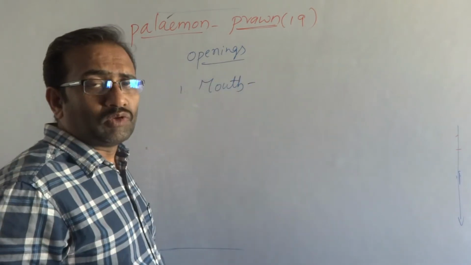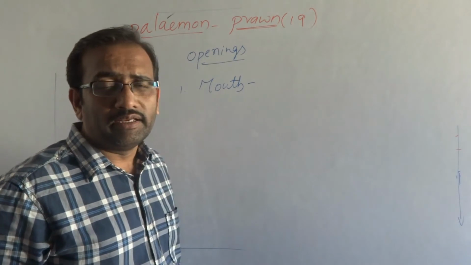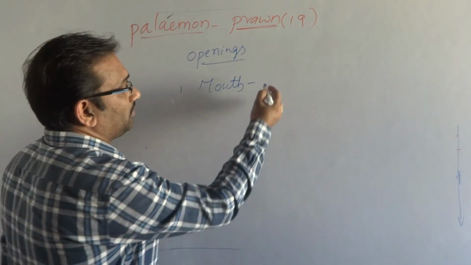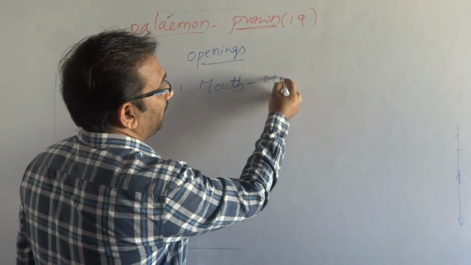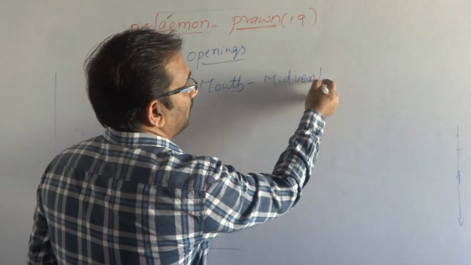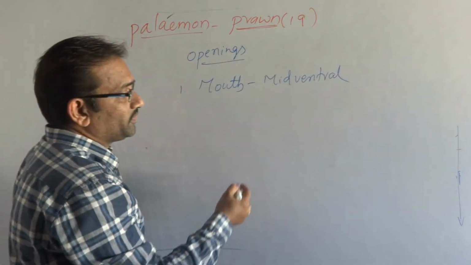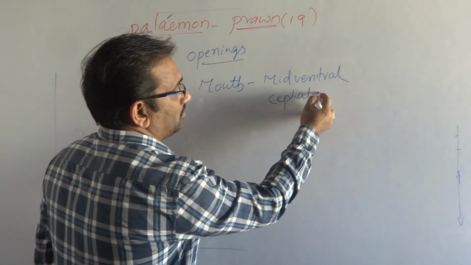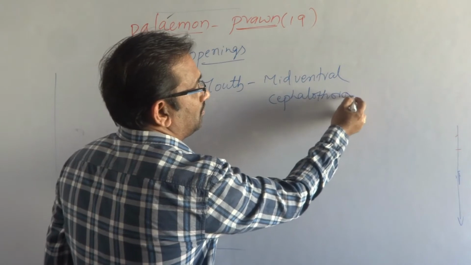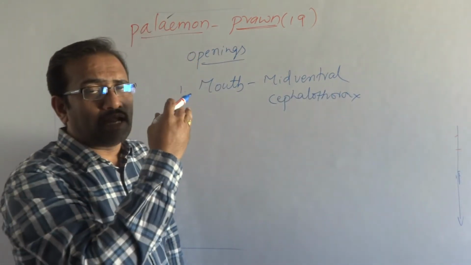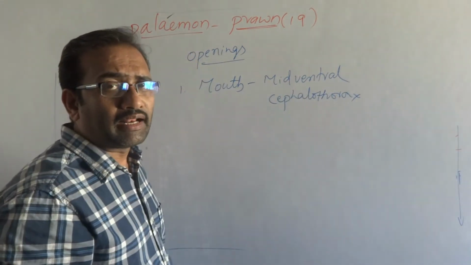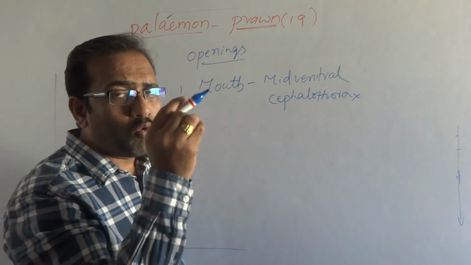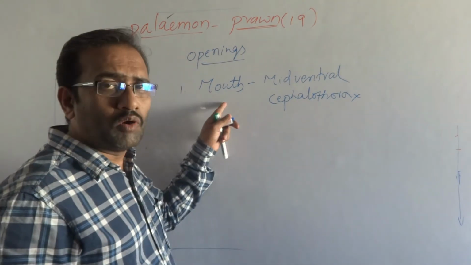Mouth is located mid-ventrally in the anterior cephalothorax. So it is mid-ventral on the cephalothorax. At the anterior most part in the mid-ventral region, there is a small opening, that is called mouth.